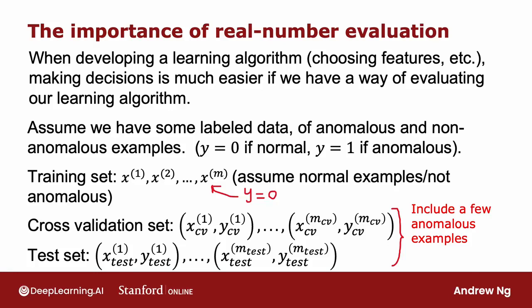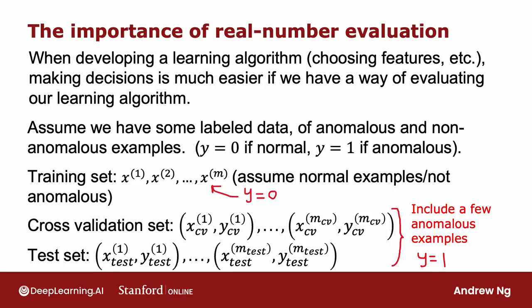In other words, the cross-validation and test sets will have a few examples with y equals 1, but also a lot of examples where y is equal to 0. And again, in practice, the anomaly detection algorithm will work okay if there are some examples that are actually anomalous, but that were accidentally labeled with y equals 0.